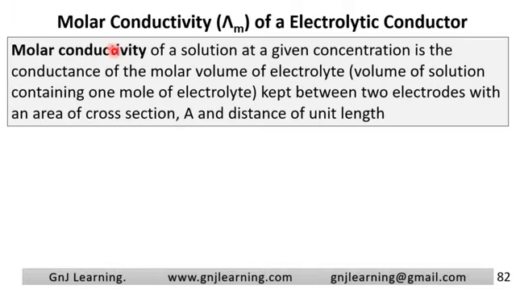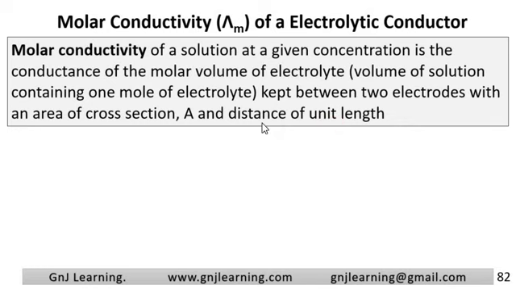Now again, what is the definition? Molar conductivity of a solution at a given concentration is the conductance of molar volume. What is molar volume? Volume of solution containing 1 mole of electrolyte kept between 2 electrodes. Now we have the conductivity cell and it has 2 platinum electrodes with an area of cross section A and distance of unit length. That means the platinum electrodes must be kept at a distance of unit length.